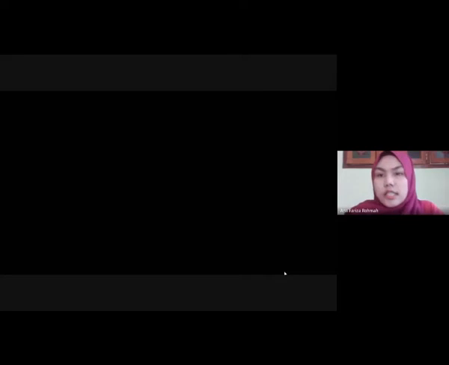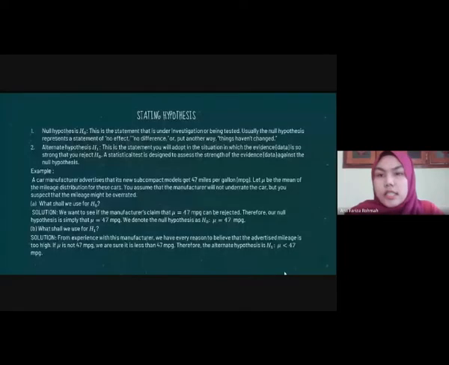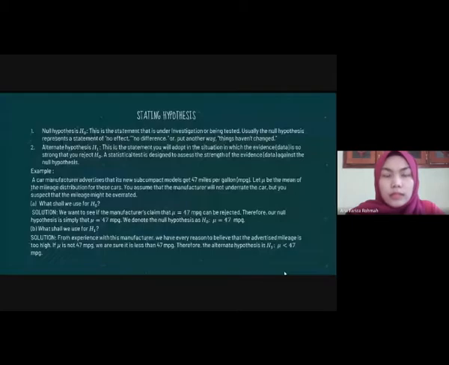And two is the alternate hypothesis. This is the statement you will adopt in the situation in which the evidence or data is so strong that you reject the null hypothesis. A statistical test is designed to assess the strength of the evidence data against the null hypothesis.